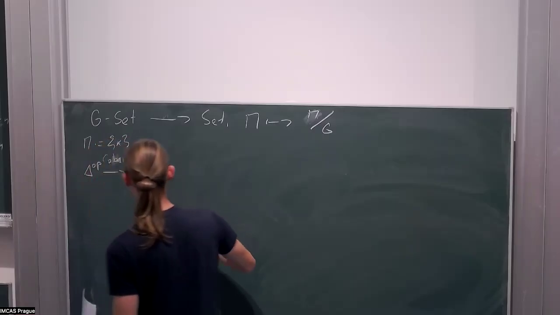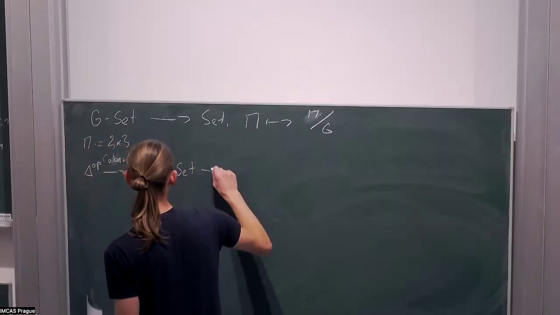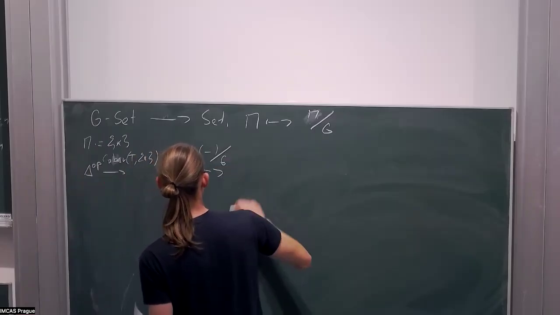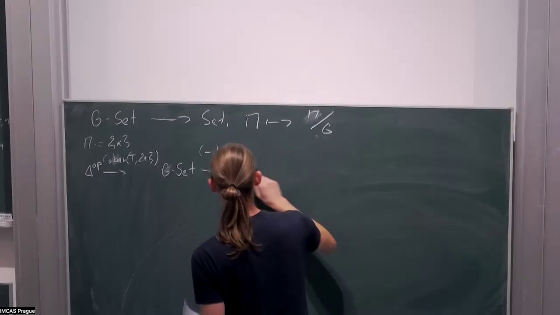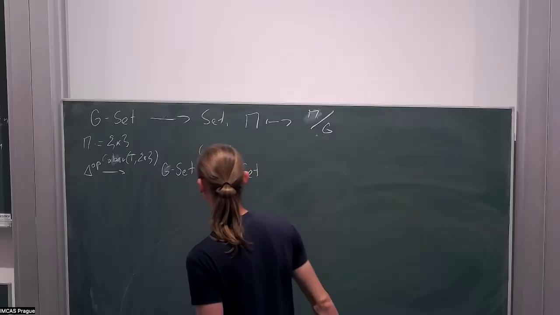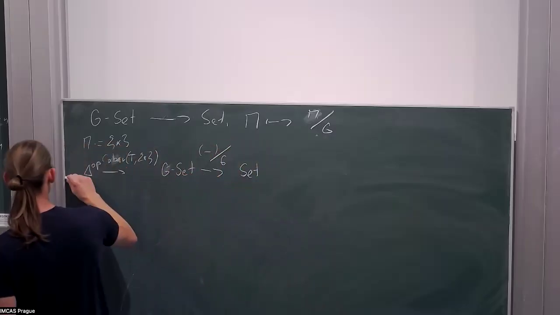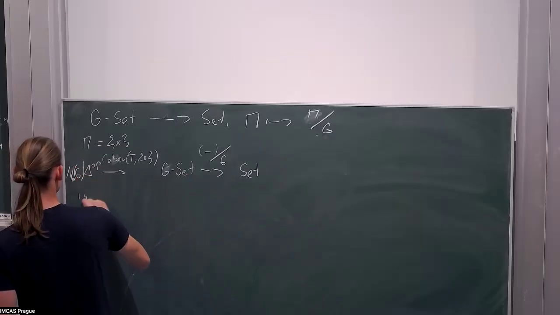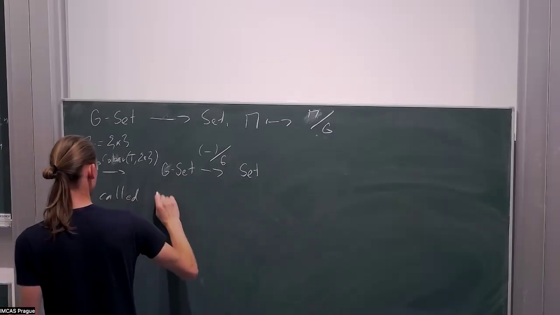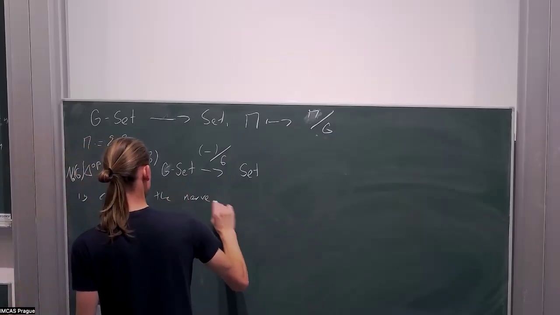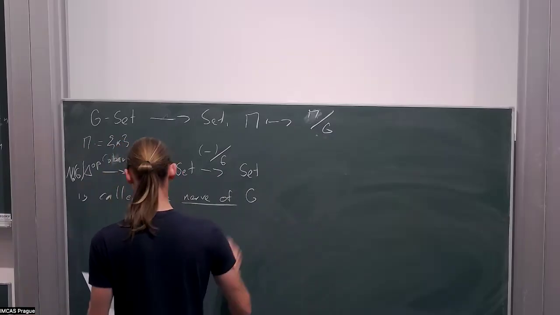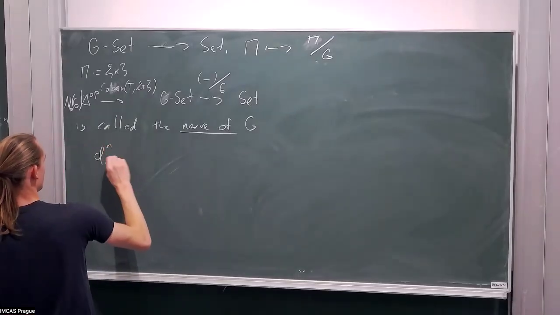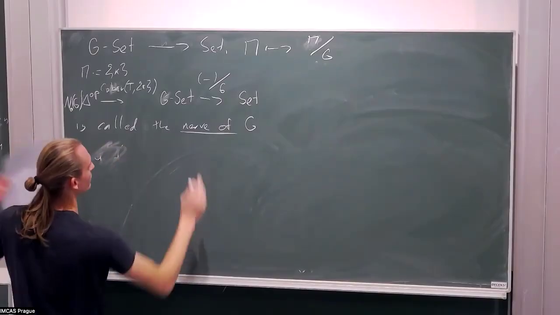This gives me a simplicial G-set. And then I apply this G-invariants functor, and this gives me a simplicial set. And this is called the nerve of G. Yeah, let's stop here.